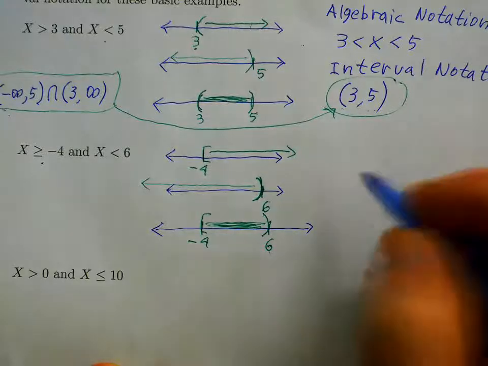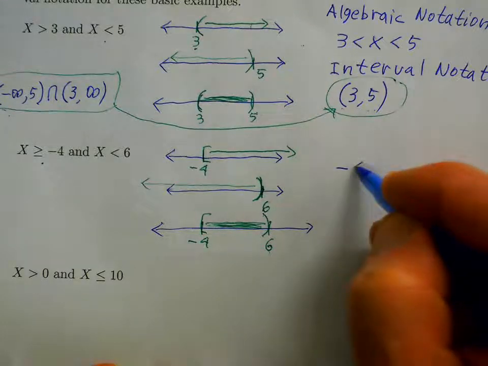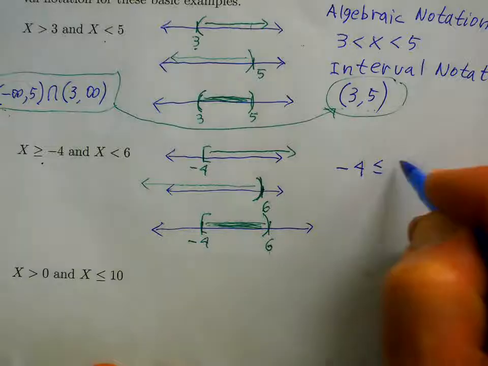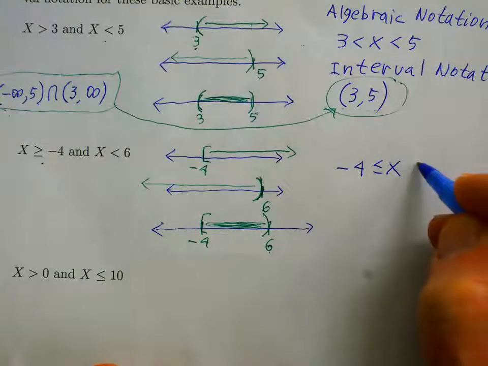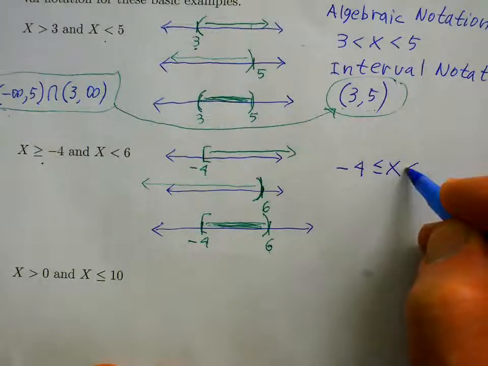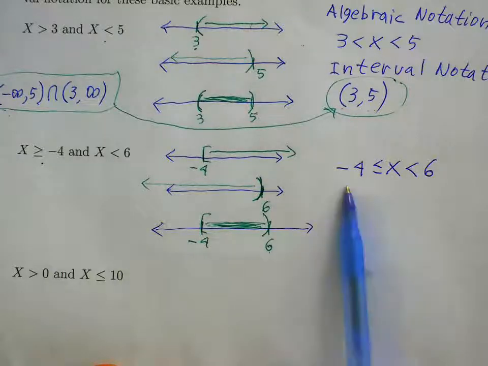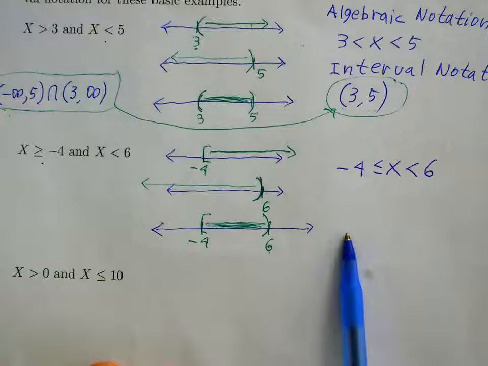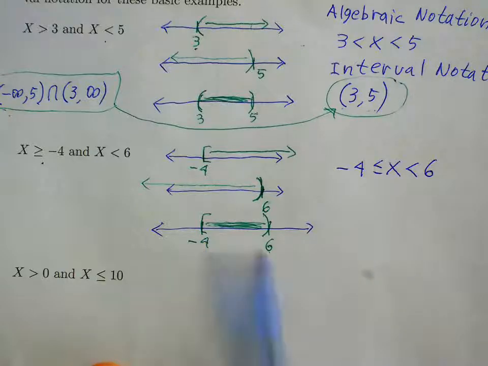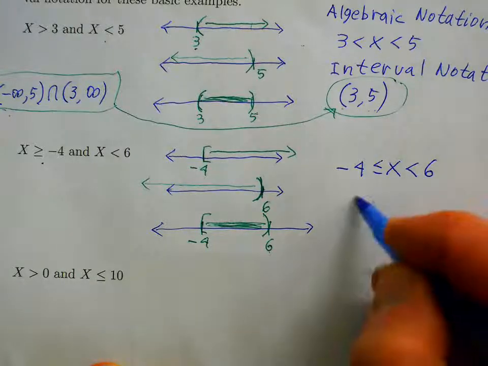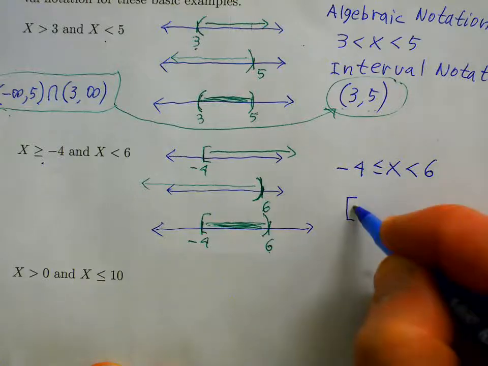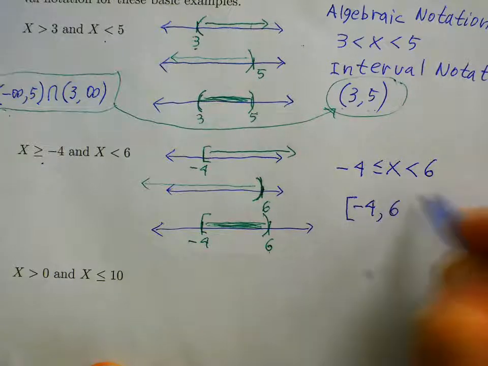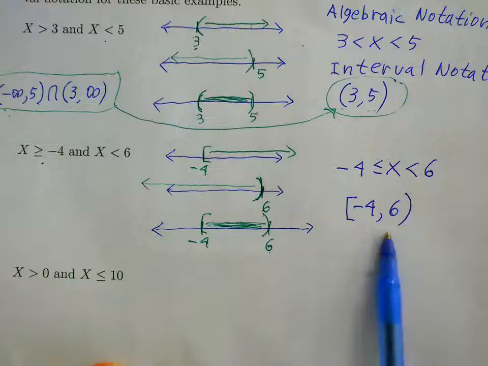So the algebraic notation is negative 4 less than or equal to x, and x is less than 6. The interval notation looks a lot like the graph. We just put a bracket on the left, negative 4 comma 6 parenthesis. So this is the same set of numbers in interval notation.